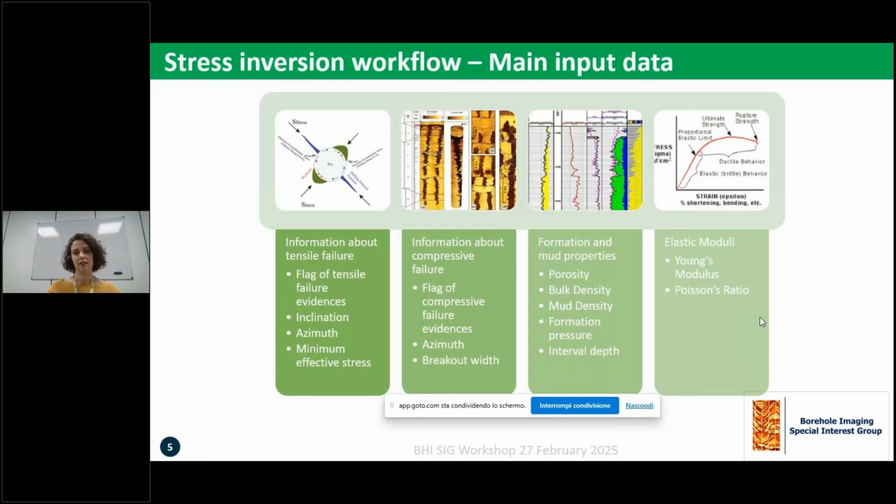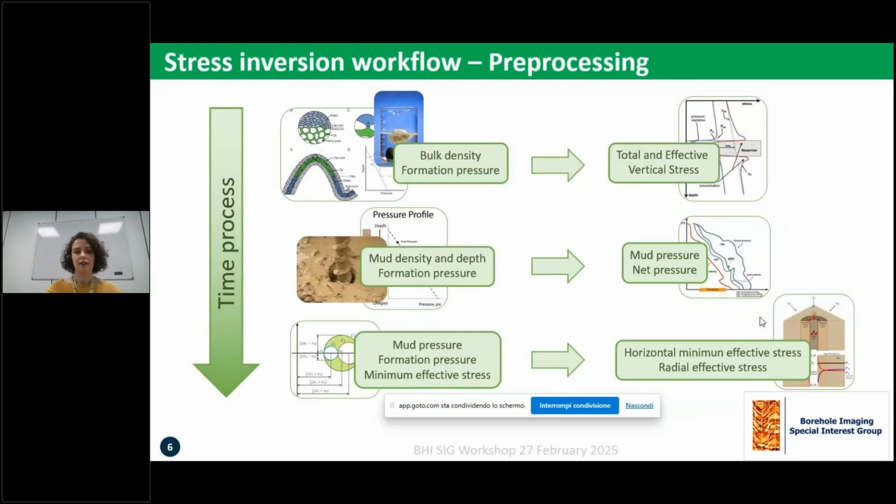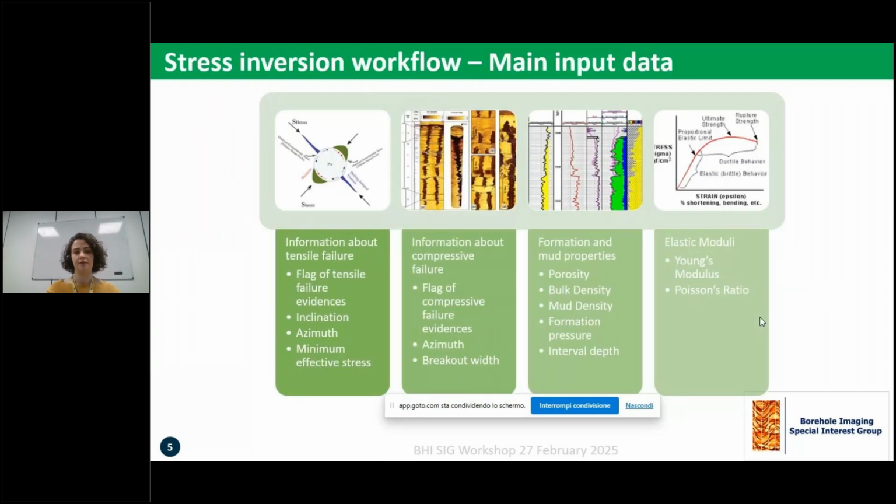Looking in detail into the main input data, the information about the tensile failures is expressed in terms of a flag, which is set to 1 if the tensile failures are present, or to 0 if they are not present.